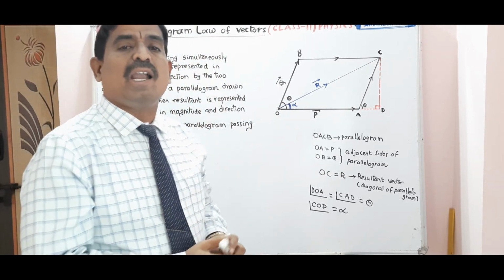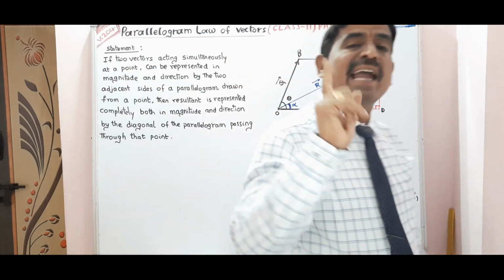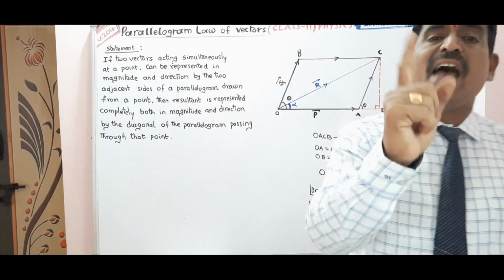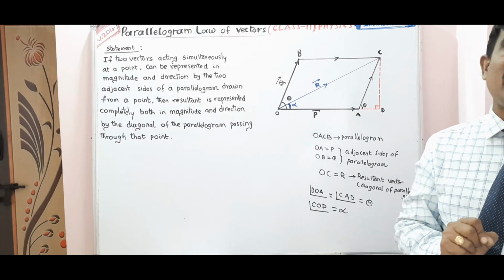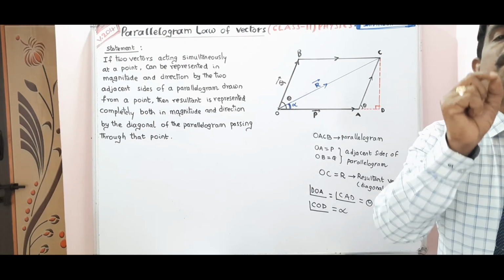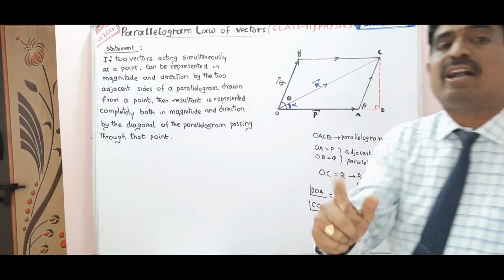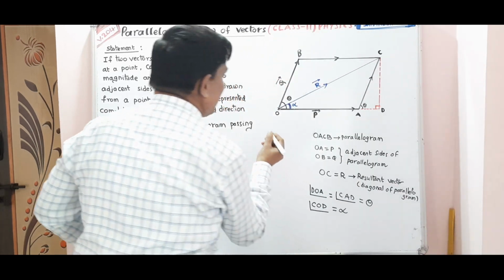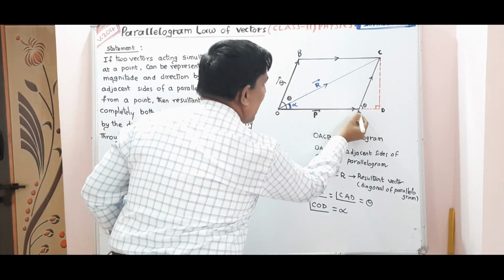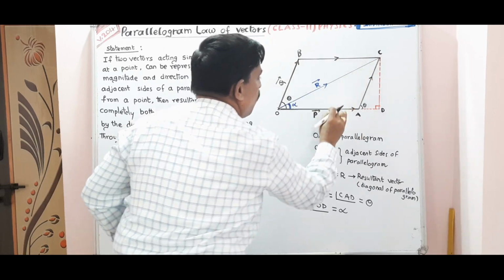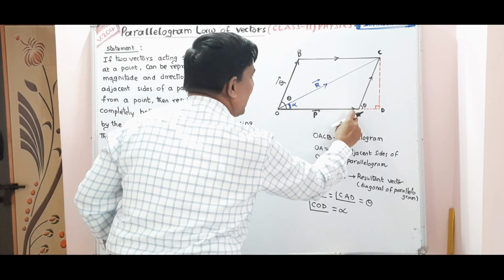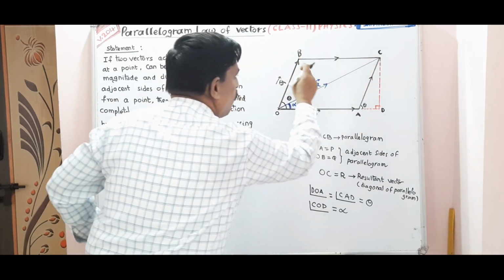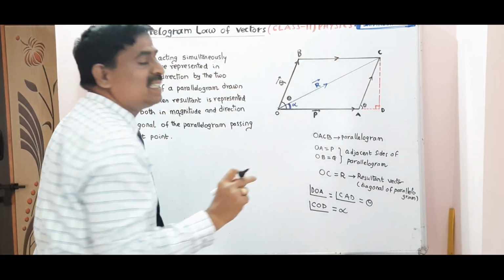From 8th class knowledge, we have one basic concept: in a parallelogram, opposite sides are equal. Here, OA and BC are both opposite sides.